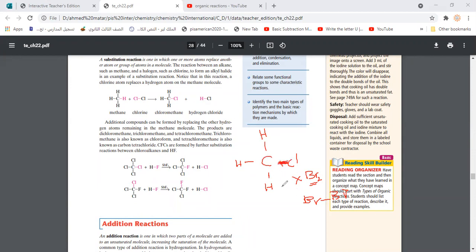What do you think, guys? Once I get the monochloromethane and react it with bromine, it makes a substitution reaction, but will it substitute the hydrogen or the chlorine? Just guess.